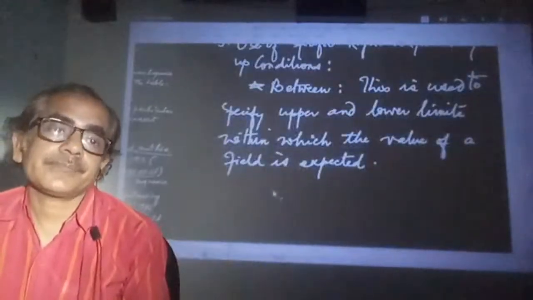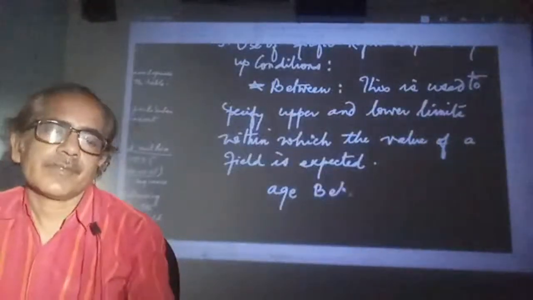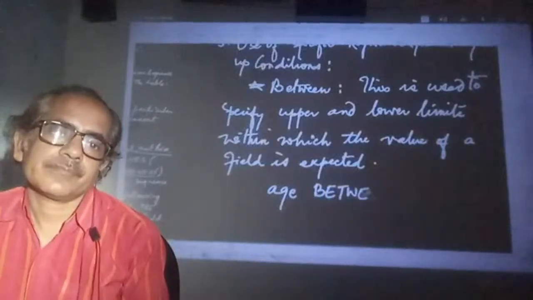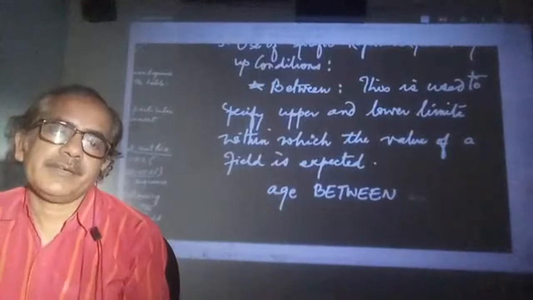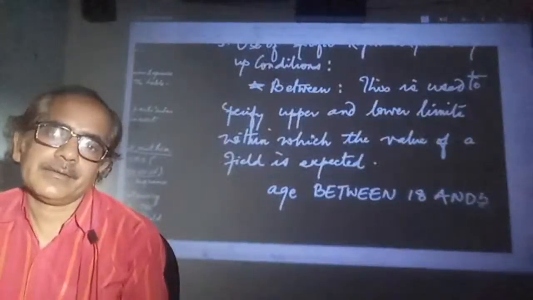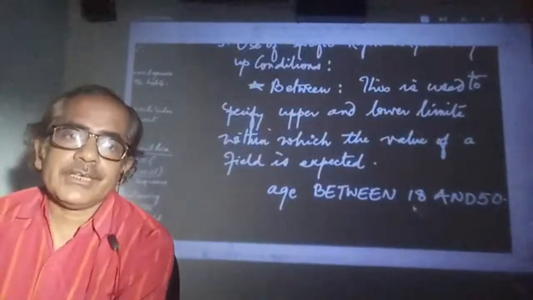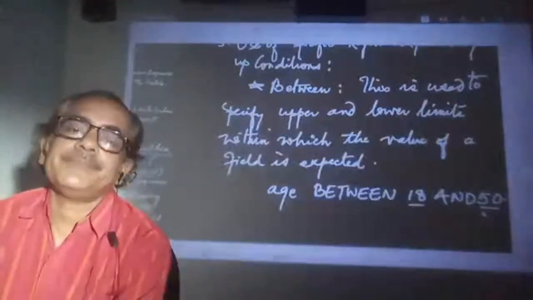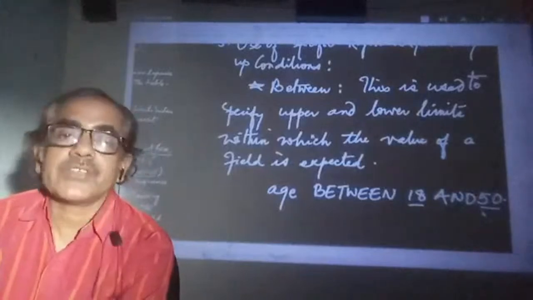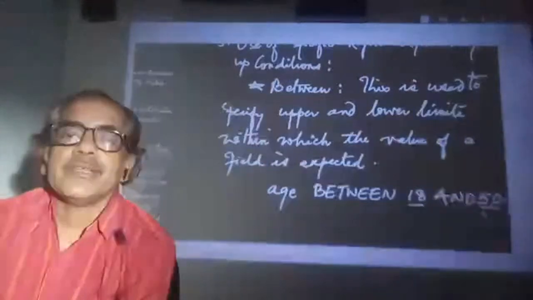Like age between 18 and 50. So here the two limits are specified with the between keyword, and this makes age to be evaluated, to be checked within these two limits.